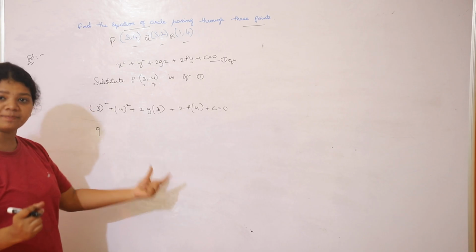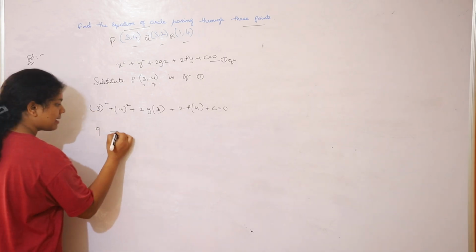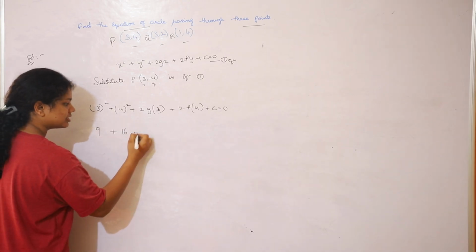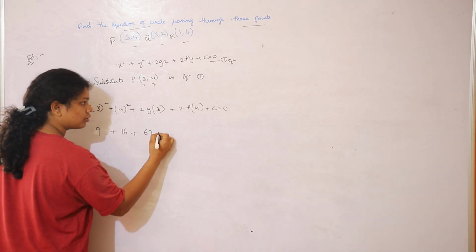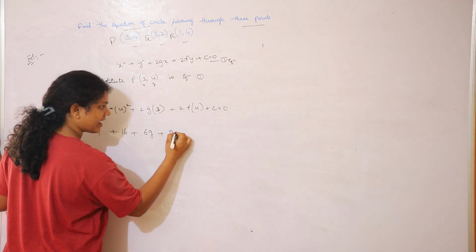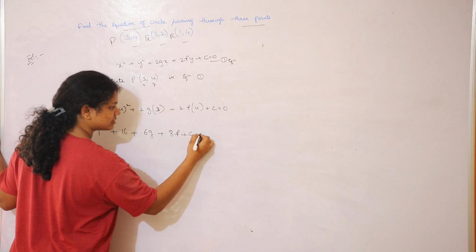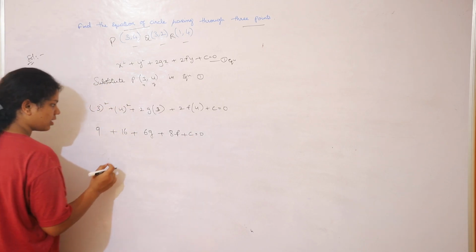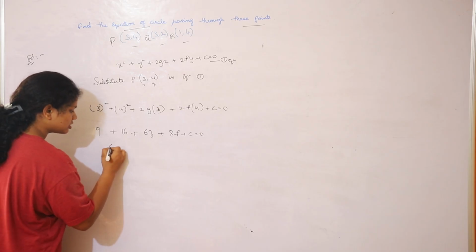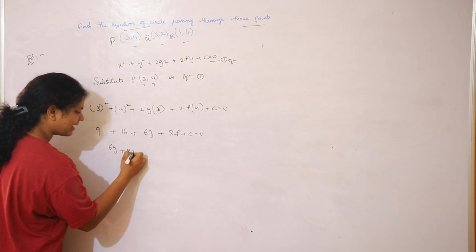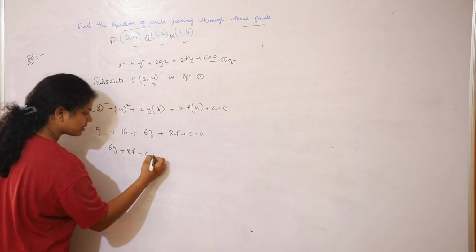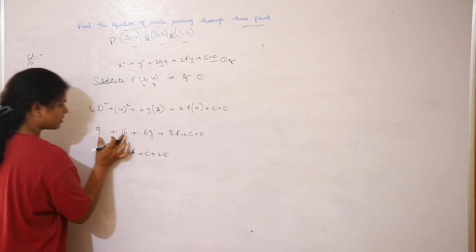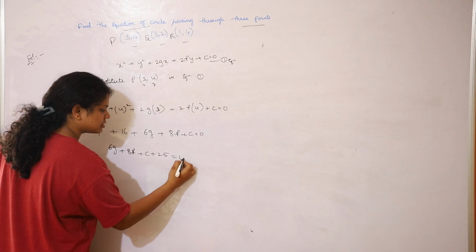So this becomes 9 plus 4 square, 16, plus 2 times 3 is 6g, 2 times 4 is 8f, plus c equals 0. 9 plus 16, how much? It's 25. So this goes like 6g plus 8f plus c plus 25 equals 0.